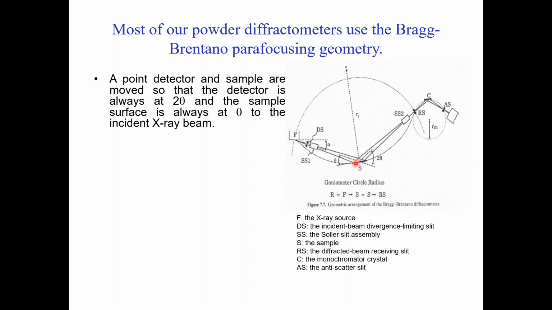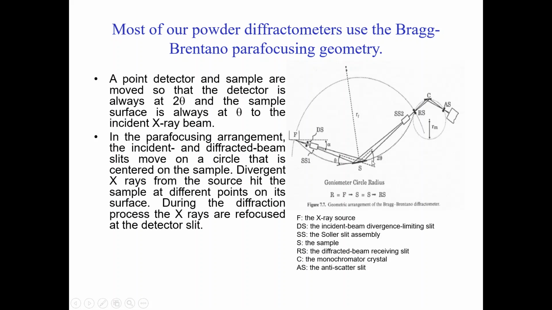So the sample is always at angle theta to the incident beam, and the detector is always at 2 theta from the incident beam. In the para-focusing arrangement, which you can analyze yourself, the incident and diffracted beam slits move on circles centered on the sample.